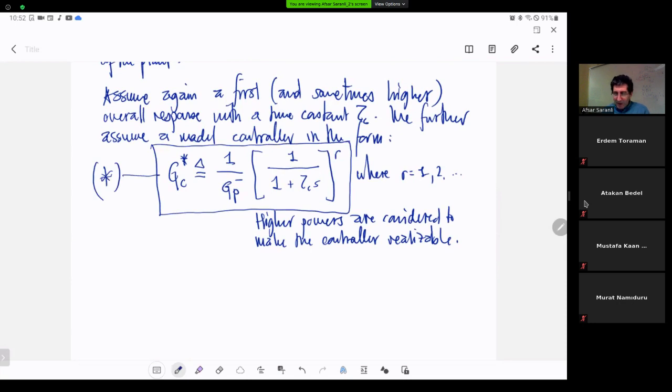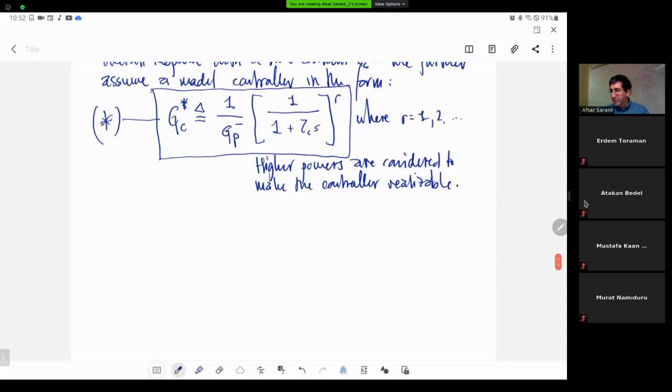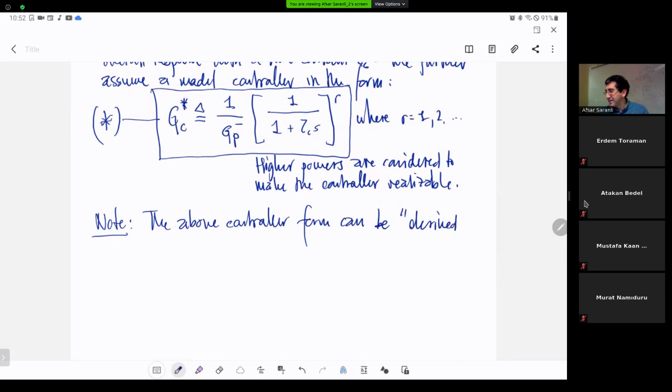Now, this is not an arbitrary proposal. It looks arbitrary here, but note the above controller form can in fact be derived if you assume GP tilde is equal to GP and disturbance is equal to 0.